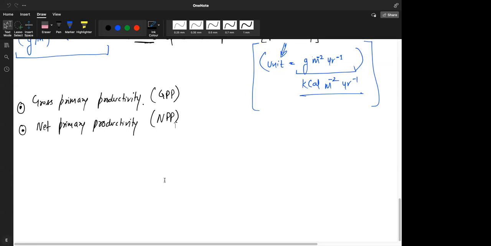Write down, the net primary productivity, or NPP, is the amount of biomass which is available for the consumption of heterotrophs.